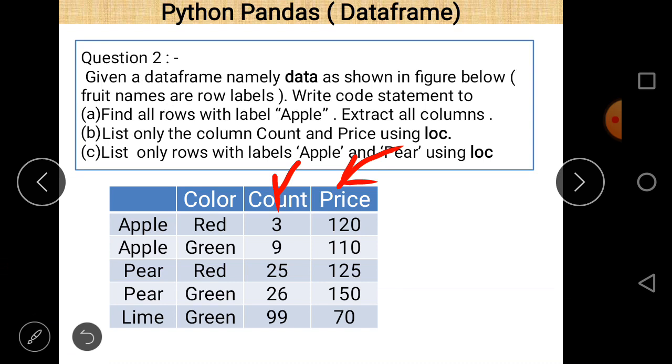No row is specified here, so we have to select all rows with columns count and price, because in the question it is given to list only the columns count and price using loc. So all rows with columns count and price.